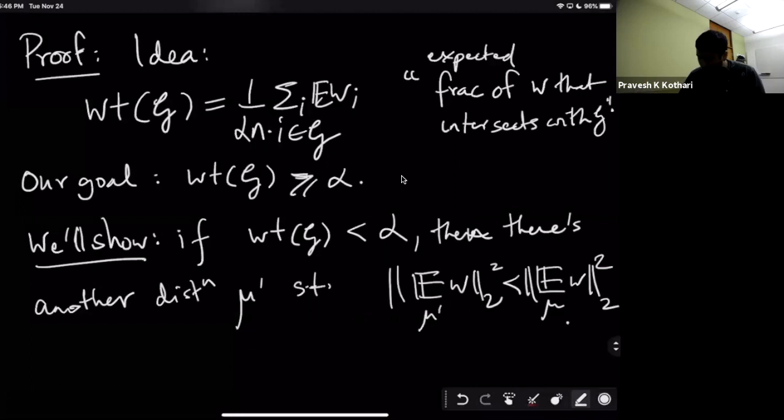So this proves that the weight of G must be at least alpha in mu.